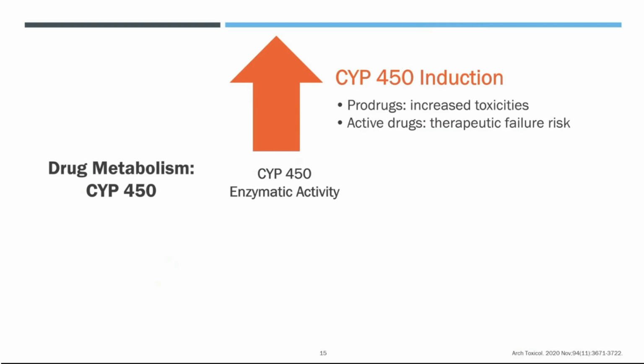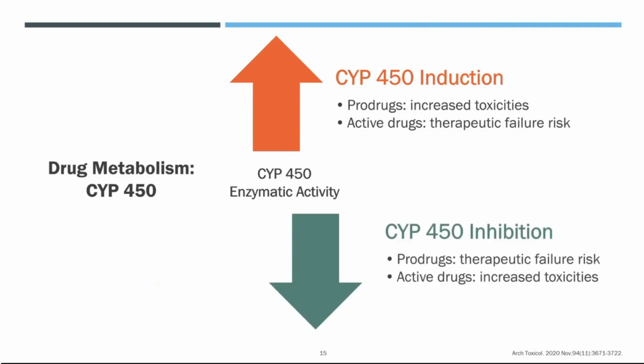What that means is drugs that are prodrugs will be changed to an active metabolite, therefore have increased toxicities. Versus medications that are already active drugs will be converted to water-soluble molecules, therefore they will be excreted outside of the body and cause a therapeutic failure risk.